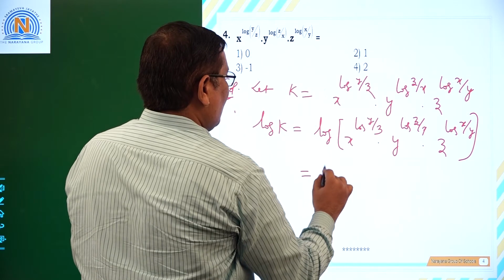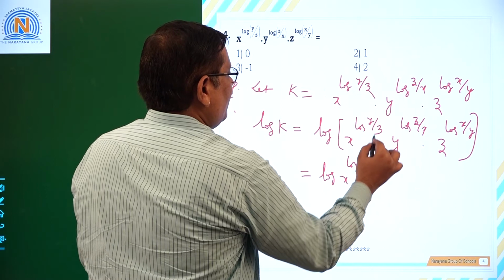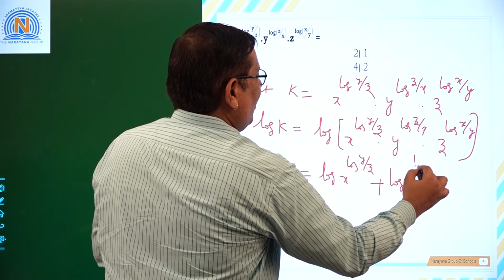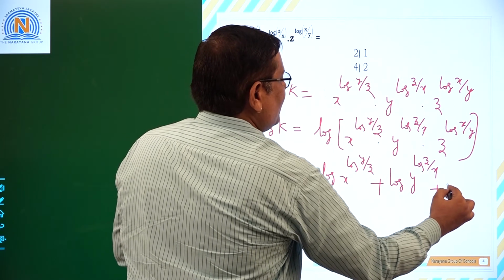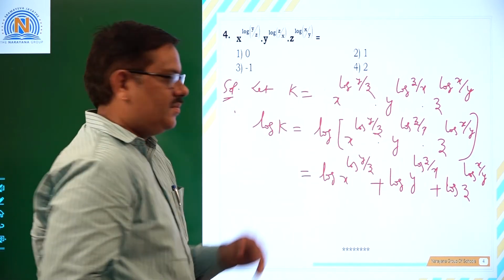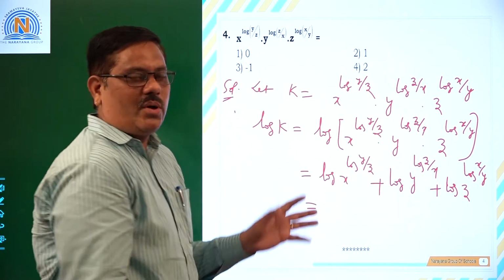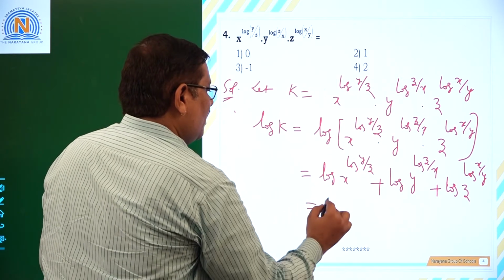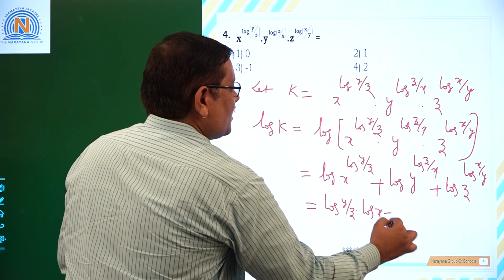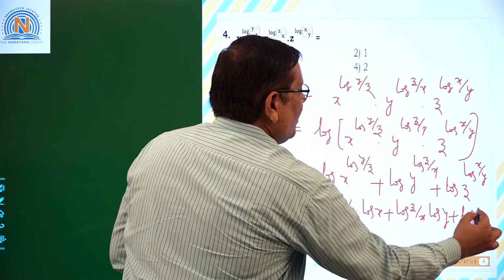We can write it as log x power log y by z plus log y power log z by x plus log z power log x by y, in the form of log m plus log n plus log p, product rule. So here, based on power rule, this becomes log y by z into log x plus log z by x into log y plus log x by y into log z.